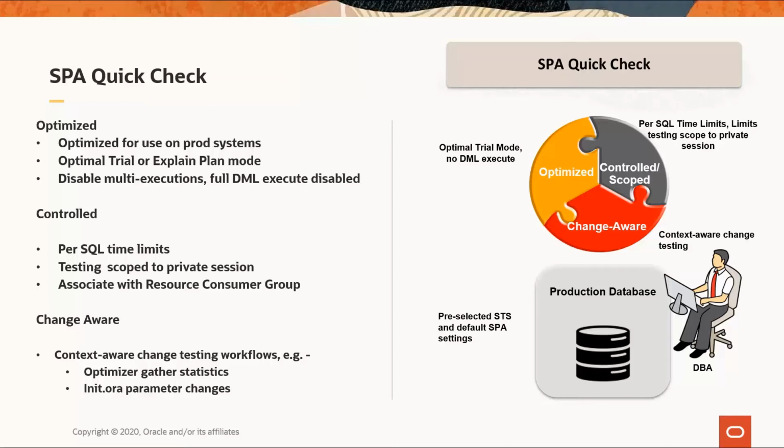It will generate a report for you and let you know exactly if the outcome of that SQL profile is the one that you're expecting or not. So basically you eliminate all that guesswork.